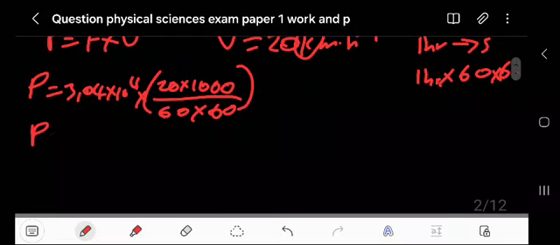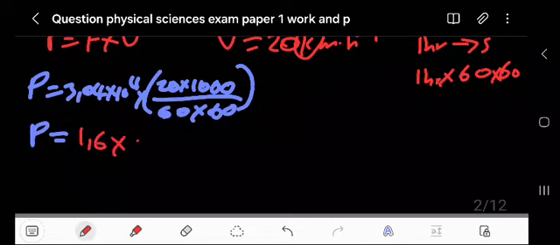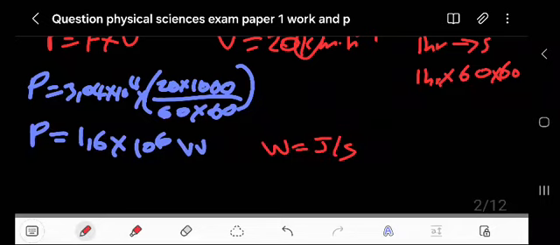Then the power, if I punch this accurately on your calculator, you'll find that the power is equal to 1.6 times 10 to the power of 6. It's measured in watts, whereby we know that a watt is the same as joules per second. So we have found that.